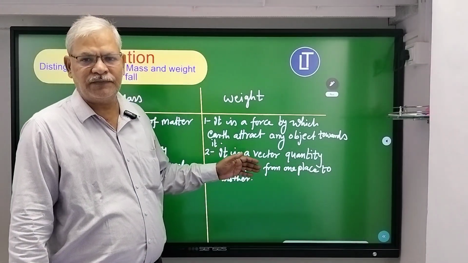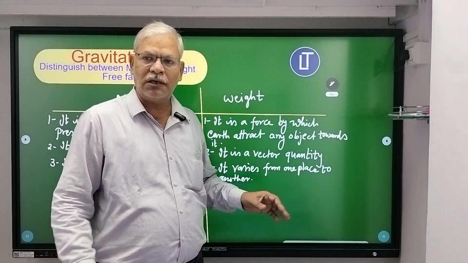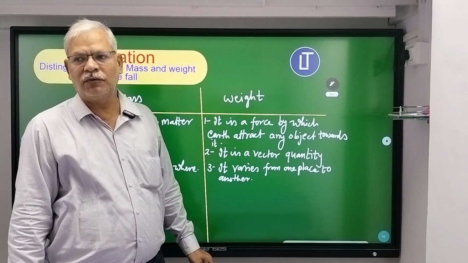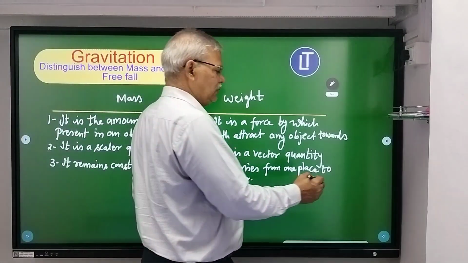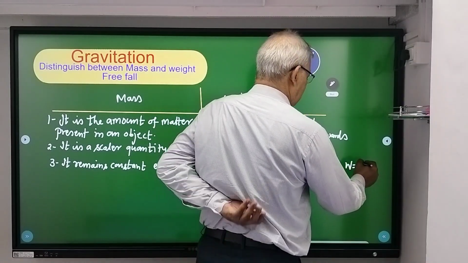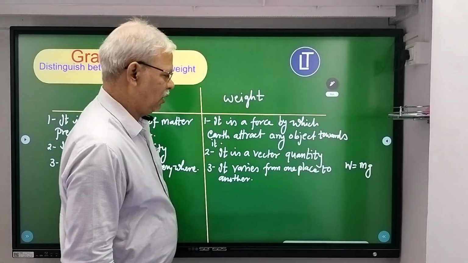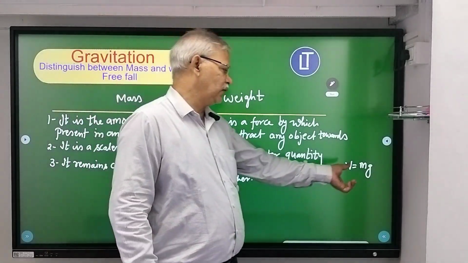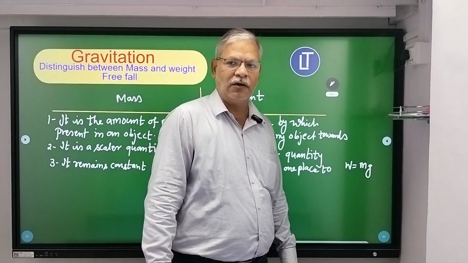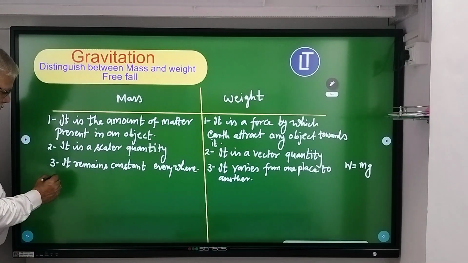That is, if the weight of an object on the earth is 36, then its weight on the moon will be 6, because weight is equal to mg, and the acceleration due to gravity of the moon is 1/6 of that on the earth.